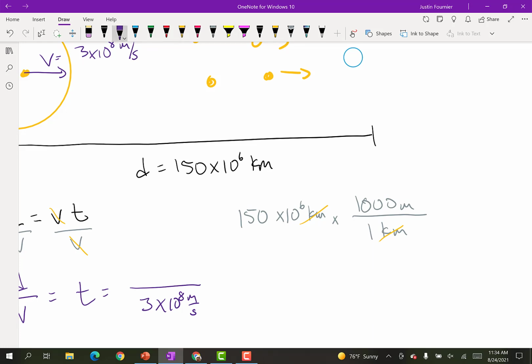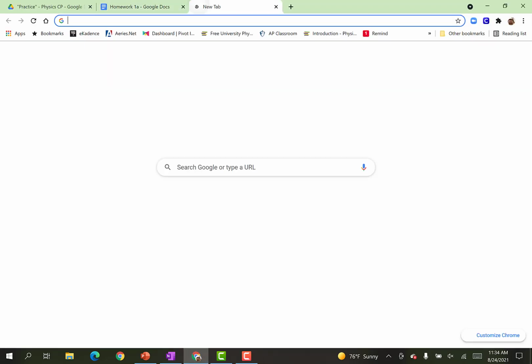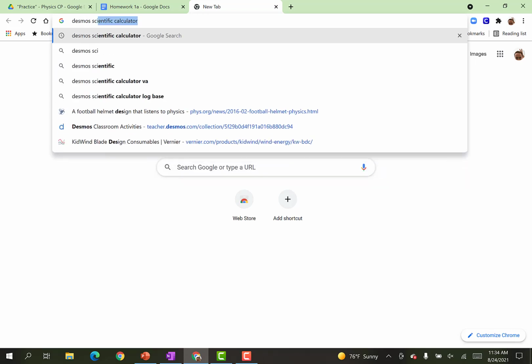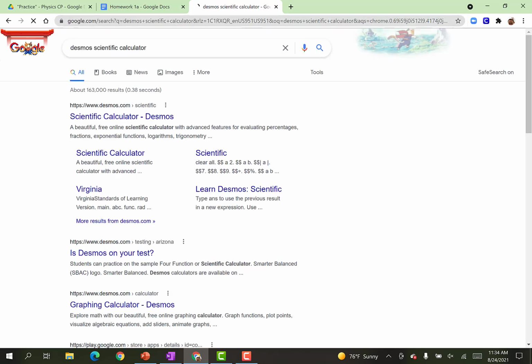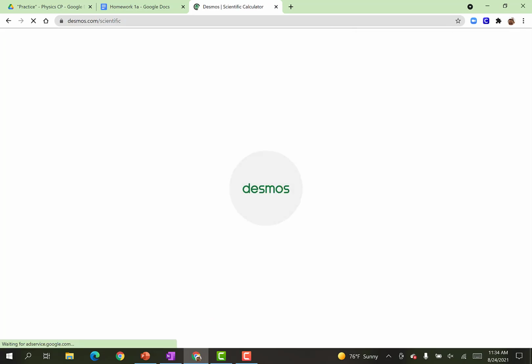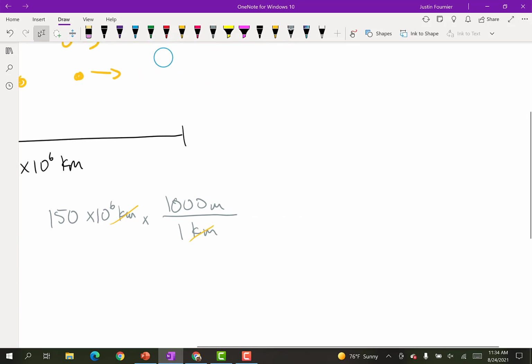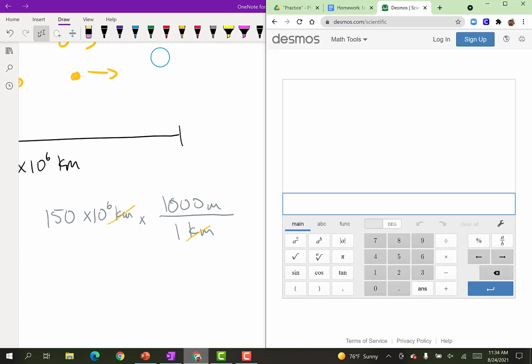If you write that out, let's just go ahead and throw it into Desmos. I plug it in here: 150 times 10 to the 6, in parentheses, multiplied by 1,000.